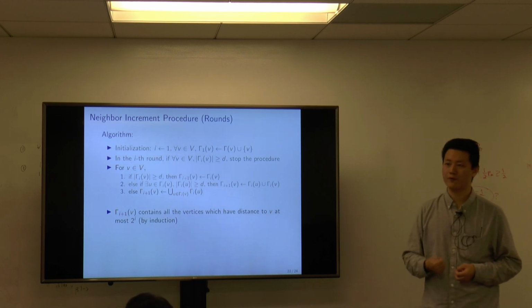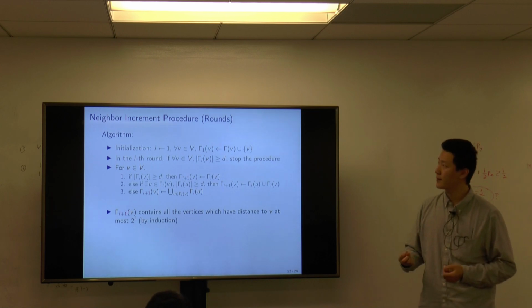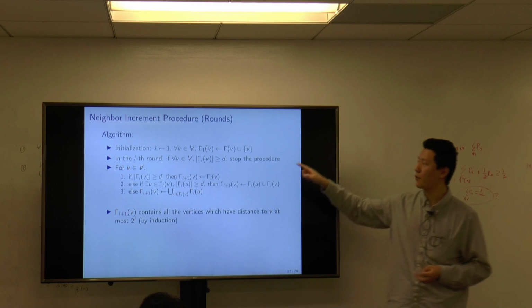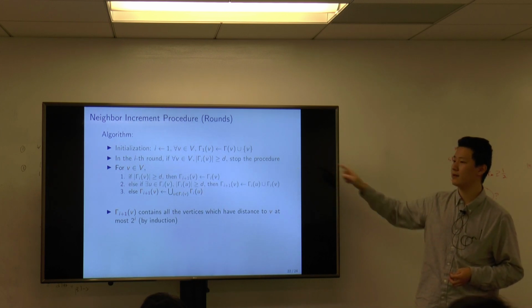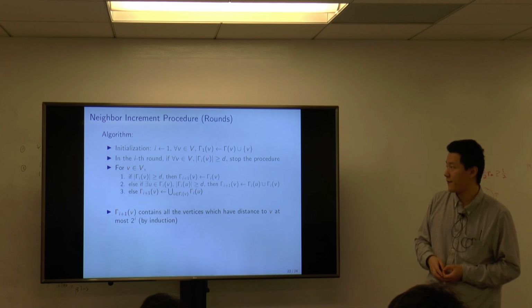We can prove this by induction. At the beginning, we just set this Gamma 1 of V to be the original neighbors of V union the vertex V, so it satisfies the base case.